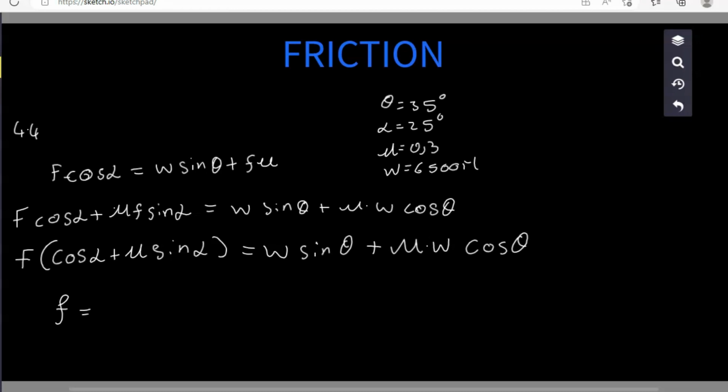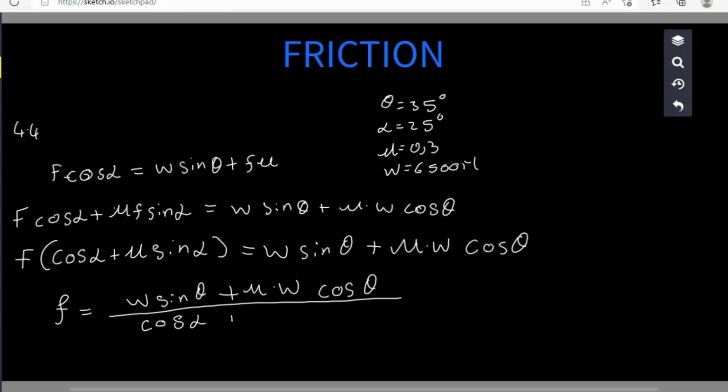Make F the subject of the formula here. We have W sine theta plus mu W cos theta divided by cos alpha plus mu sine alpha.